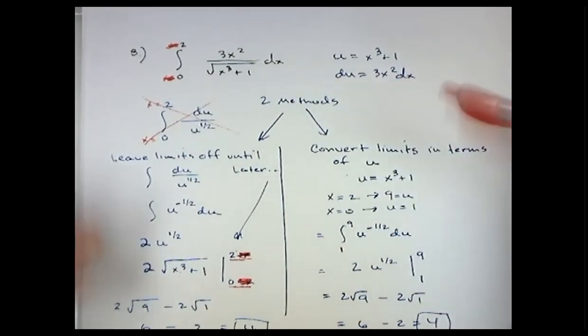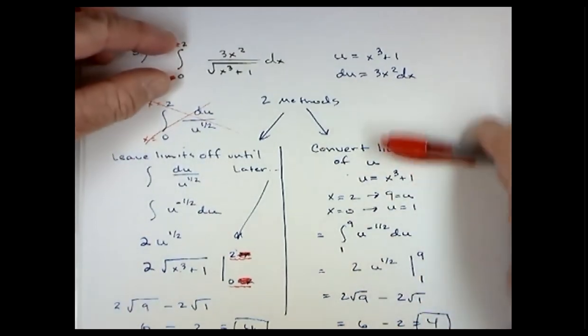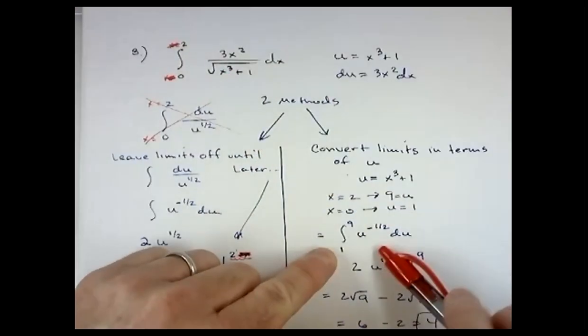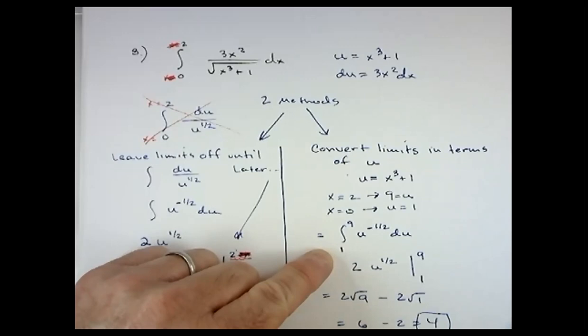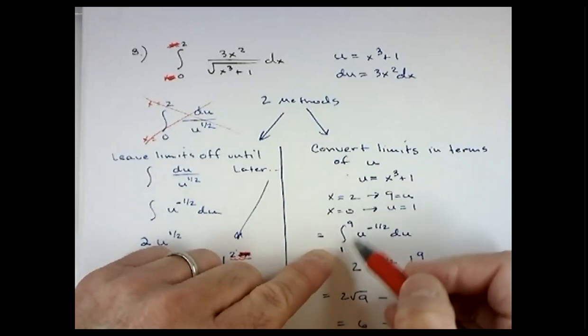So what happens in class oftentimes is they're working on this integral, they don't show you this, and all of a sudden the limits change from 1 to 9. And I love to go watch lectures when professors do this, because I look around the lecture hall and I see a bunch of students whispering to each other, what happened to the number? Why is it 1 and 9 now?